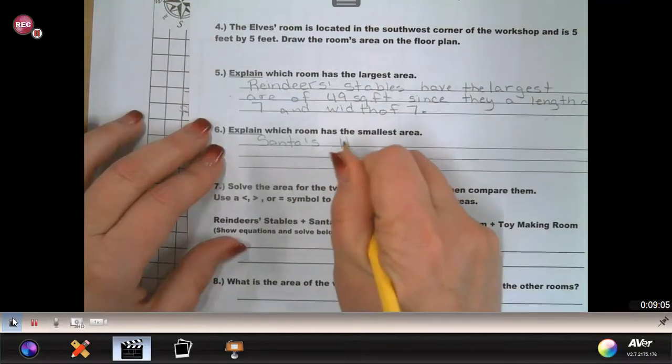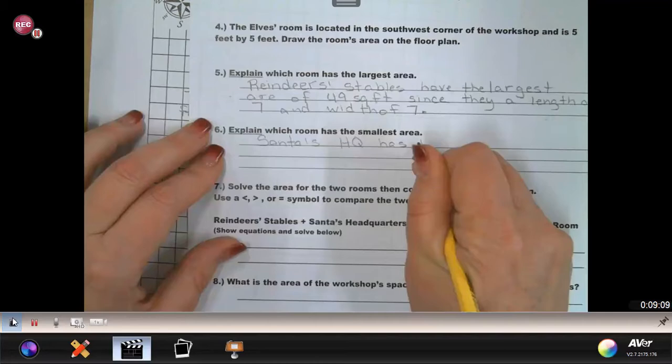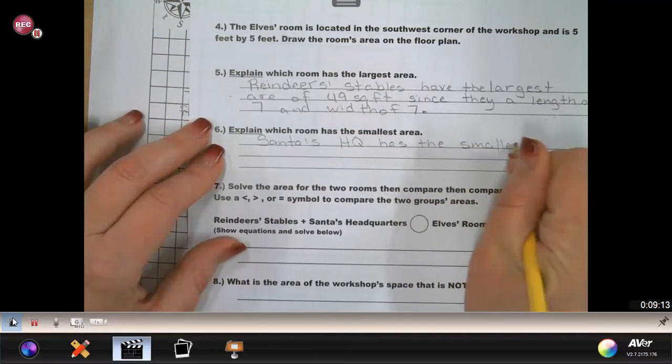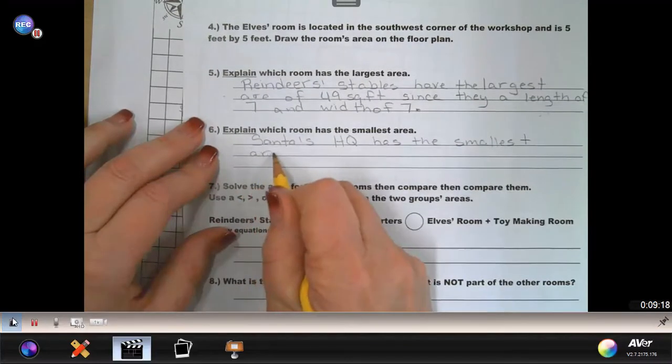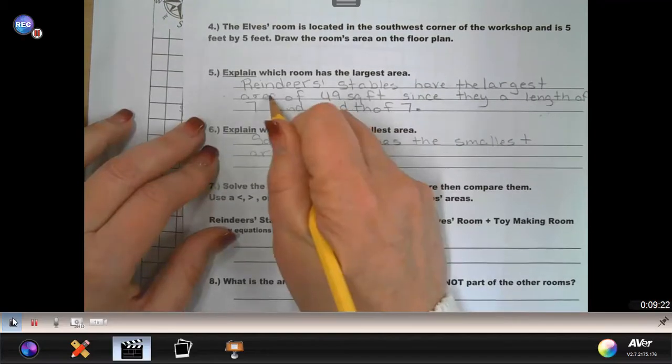Santa's headquarters has the smallest area. Oh, I forgot the A here.